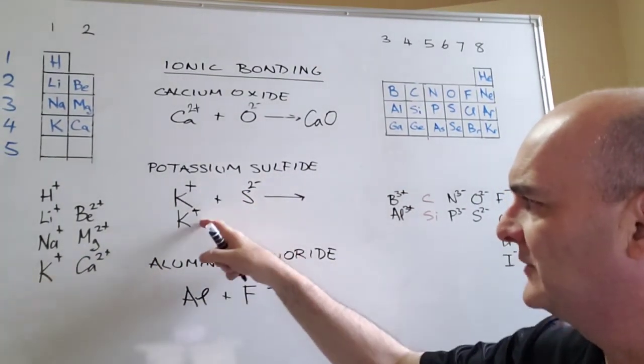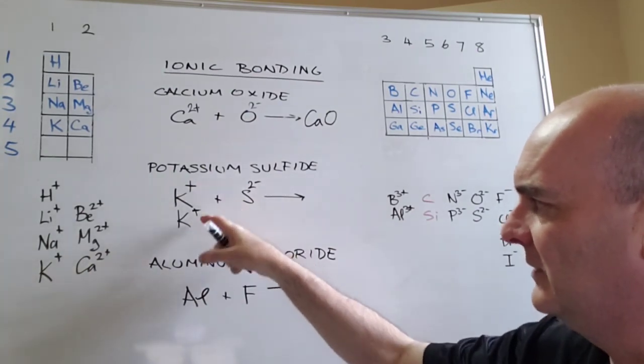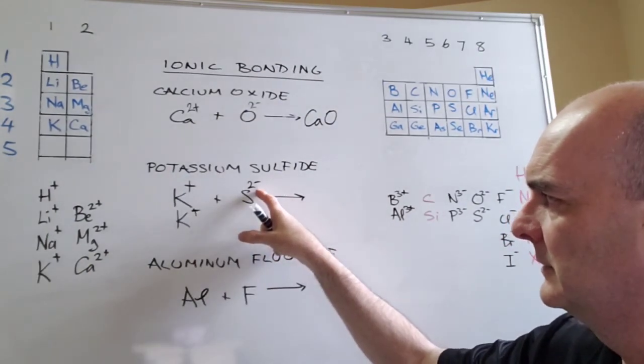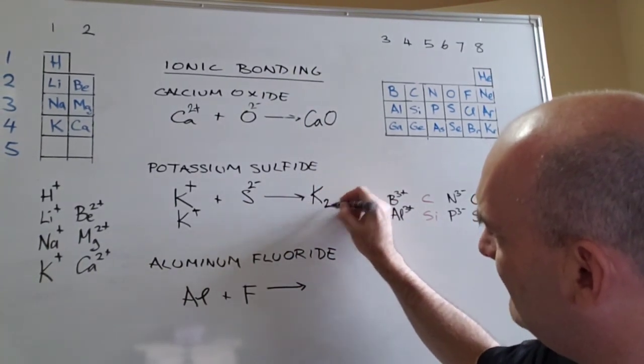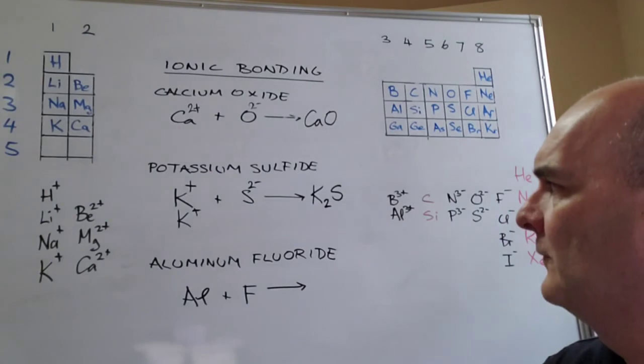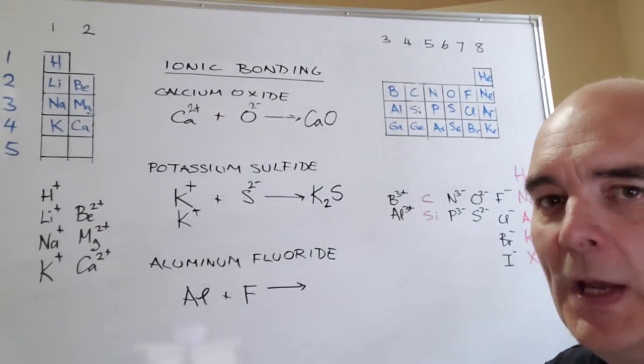Now 2 potassiums have enough positive to balance the 2 minuses that belong to the sulfide, and my formula is K2S.